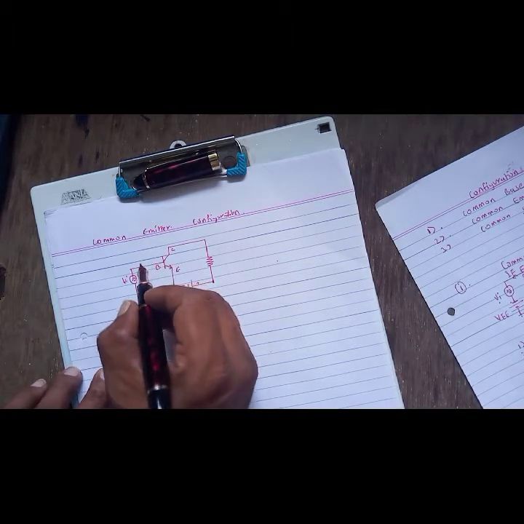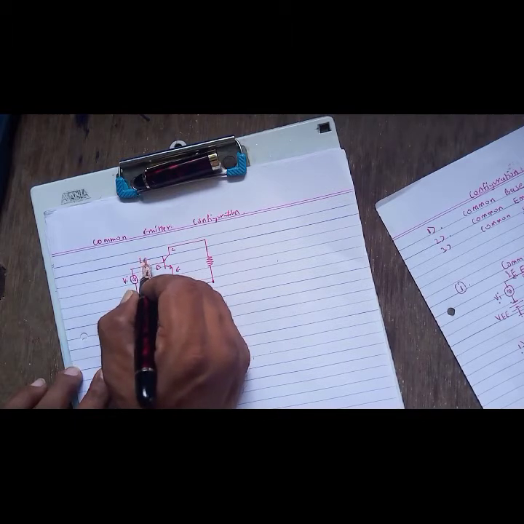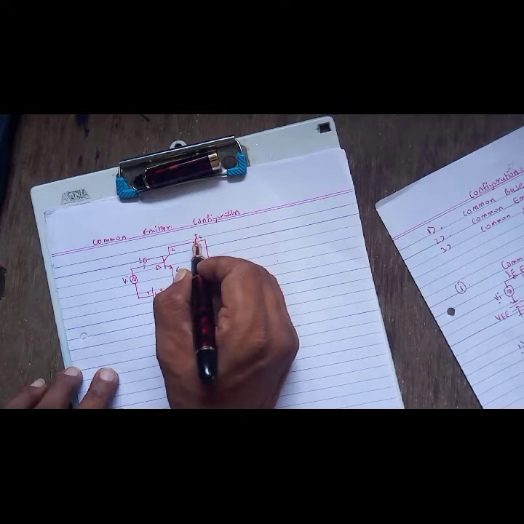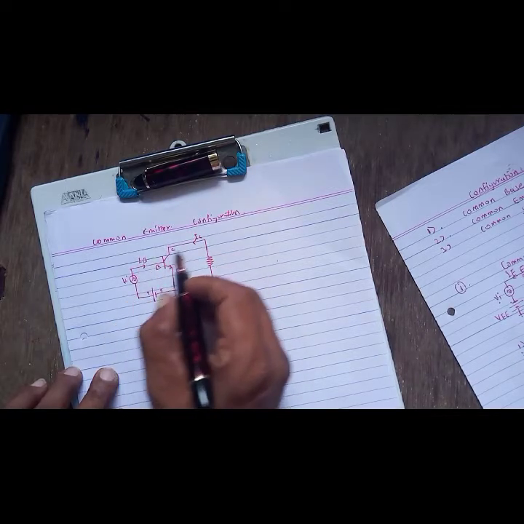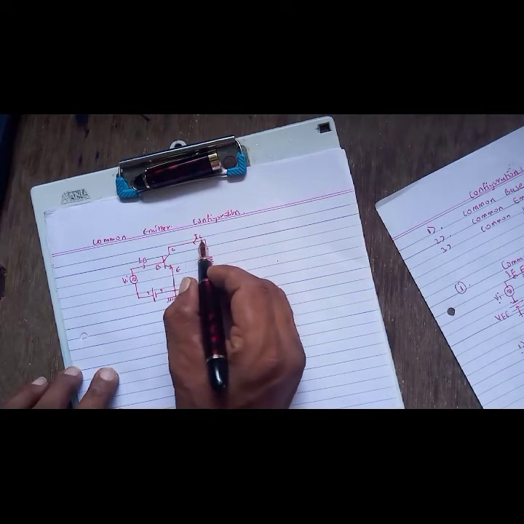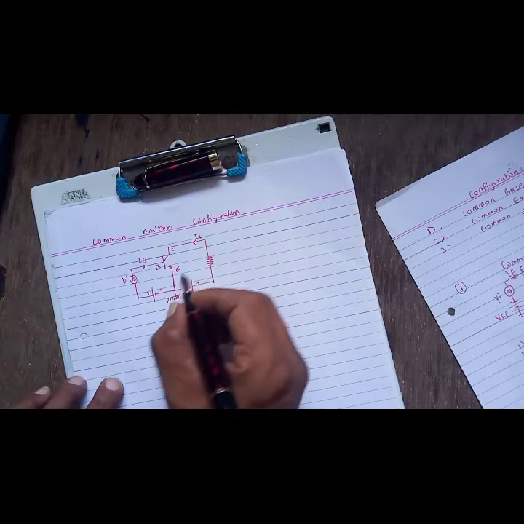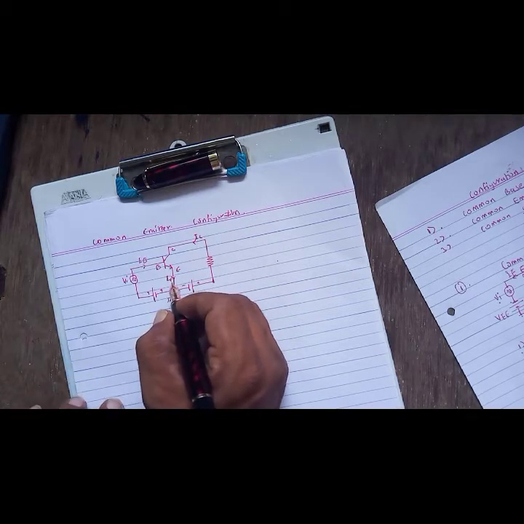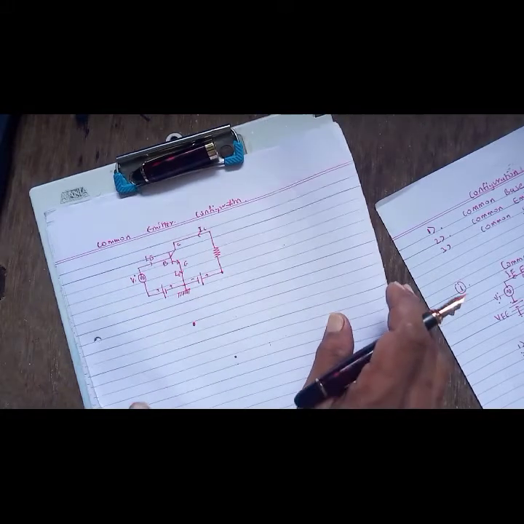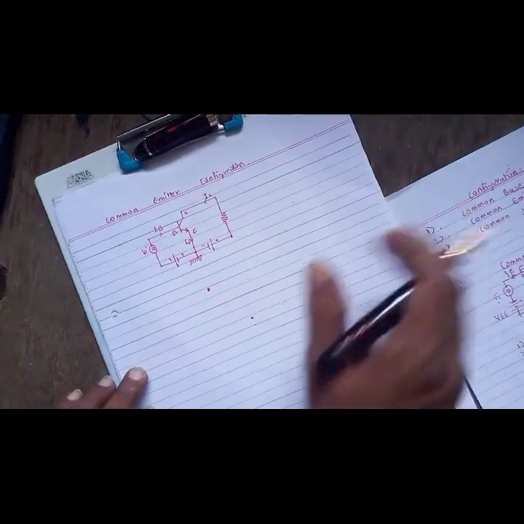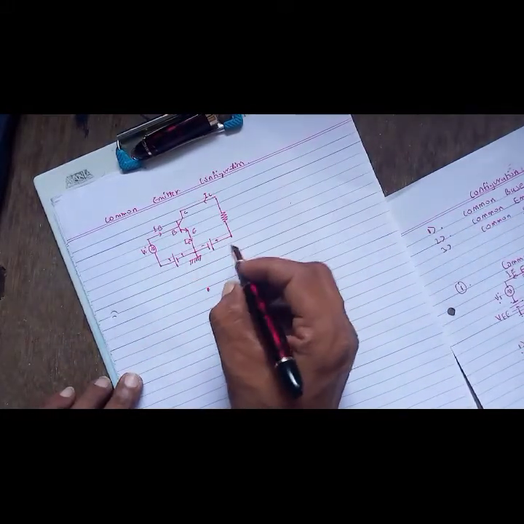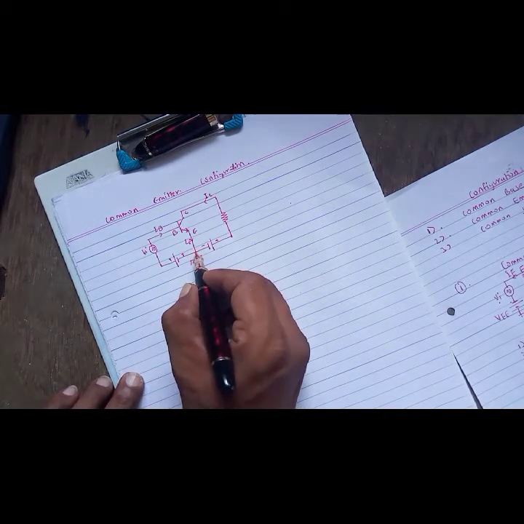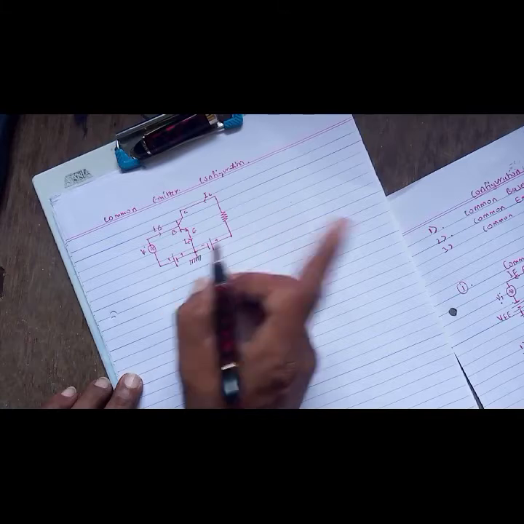The currents flowing are IB, IC and IE. From the base, the IB current flows. From the collector, the IC current flows, and from the emitter, we obtain the IE current. Okay, so it is a simple diagram. Now here the emitter terminal is common.